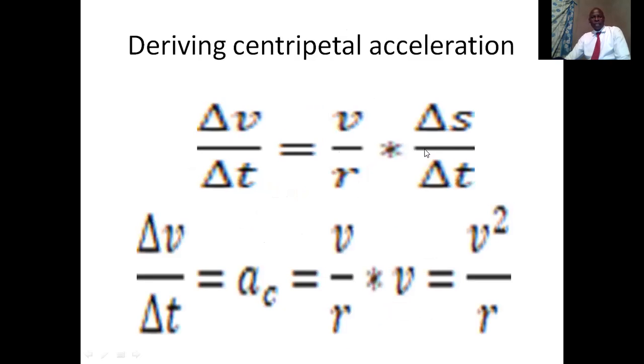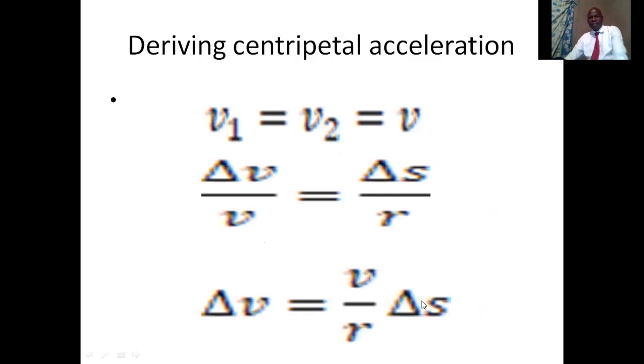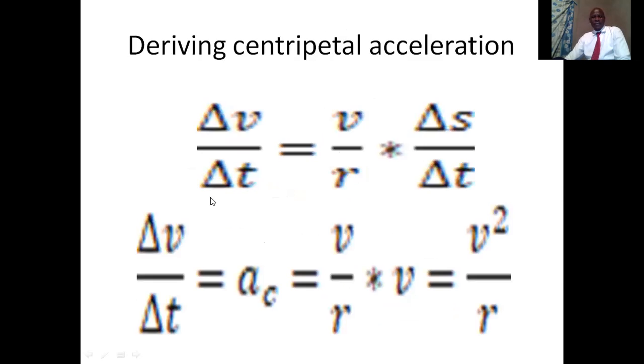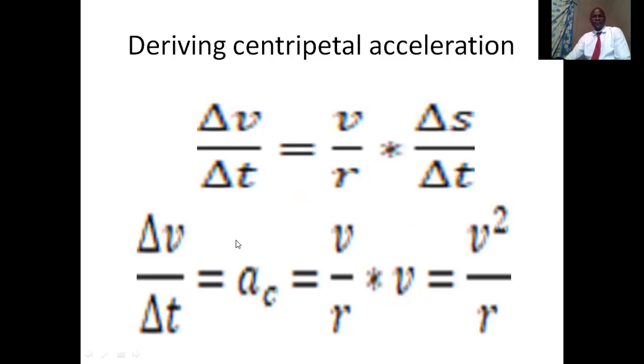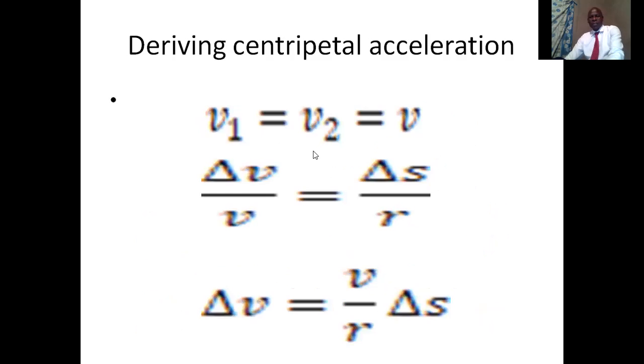Then we can divide both sides of this equation by the change in time. So we have divided here by the change in time and here also by the change in time.